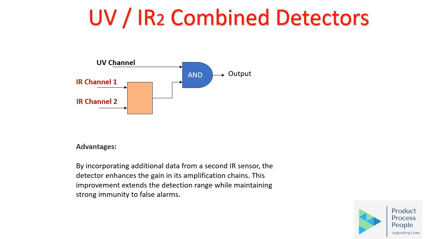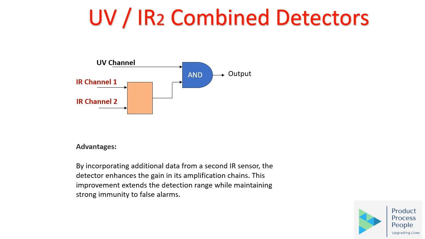UV-IR square combined detector represents an advanced iteration of the UV-IR combination, incorporating an additional IR sensor to enhance the detection capabilities. While the detection range is still limited by the infrared component, the second IR sensor provides extra data that boosts the gain in the detector amplification chains.